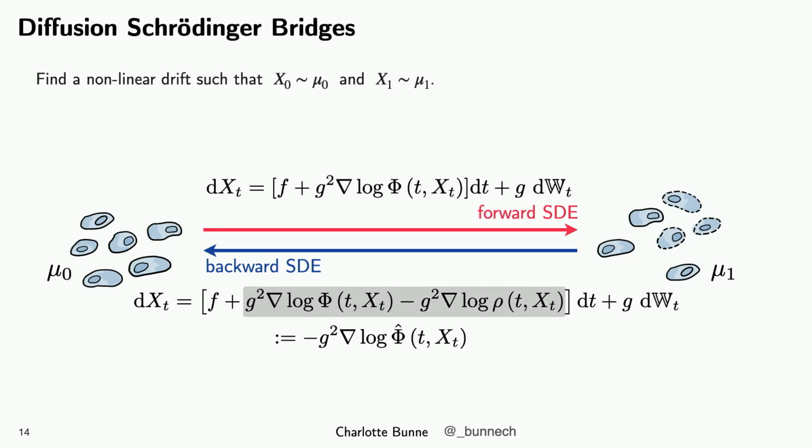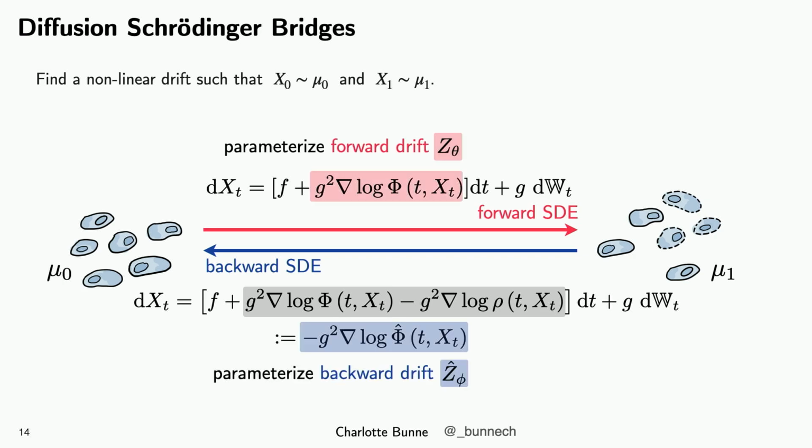I can slightly make it easier, where I have two neural networks, a forward drift and a backward drift, that describe the dynamics from one distribution into the other and backwards. And this, in fact, is a very famous system based on a famous physicist, Schrödinger. And these systems are known as diffusion Schrödinger bridges.